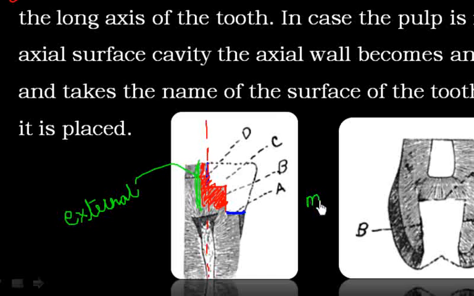For example, if this is the mesial surface and this is the distal surface, this external wall will be called the distal wall.